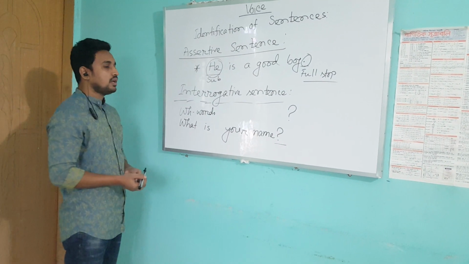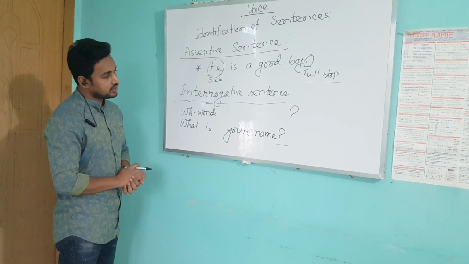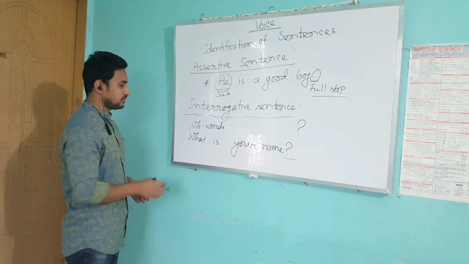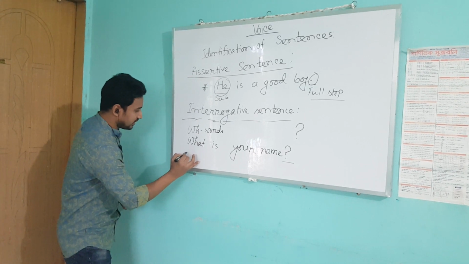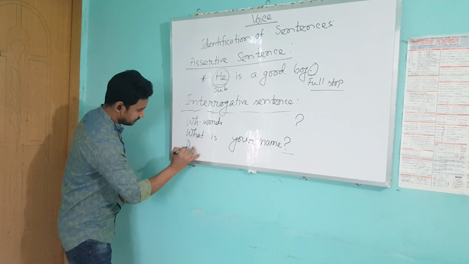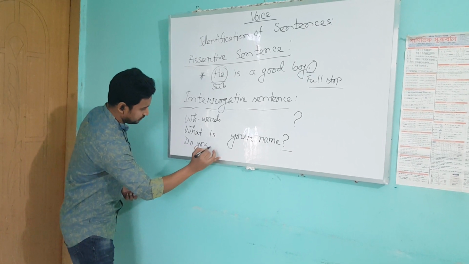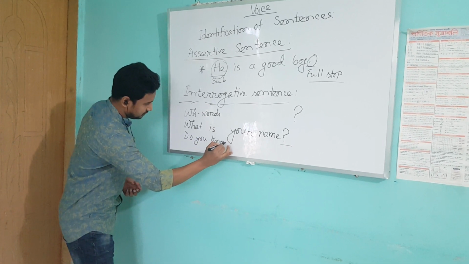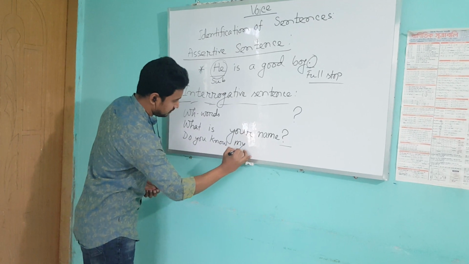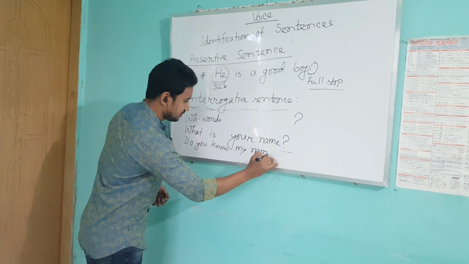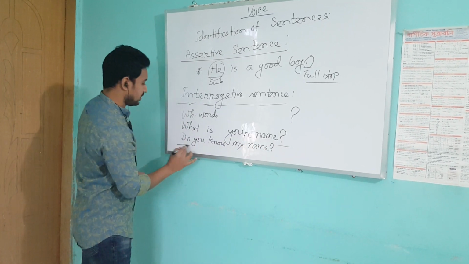Another way to form an interrogative sentence is to have an auxiliary verb at the beginning: do you know my name?